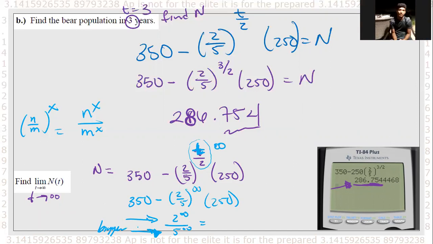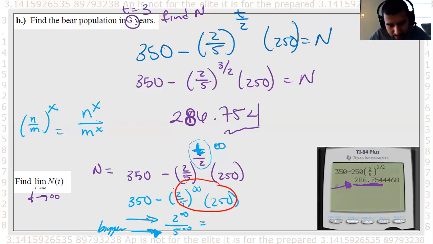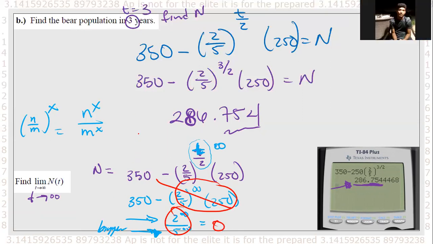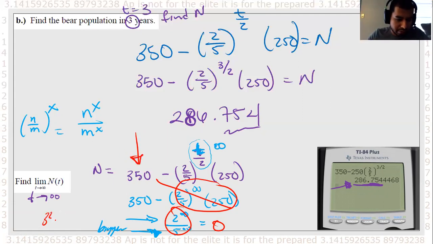So in reality, all of this right here is going to be 0. What are you left with? n equals 350.